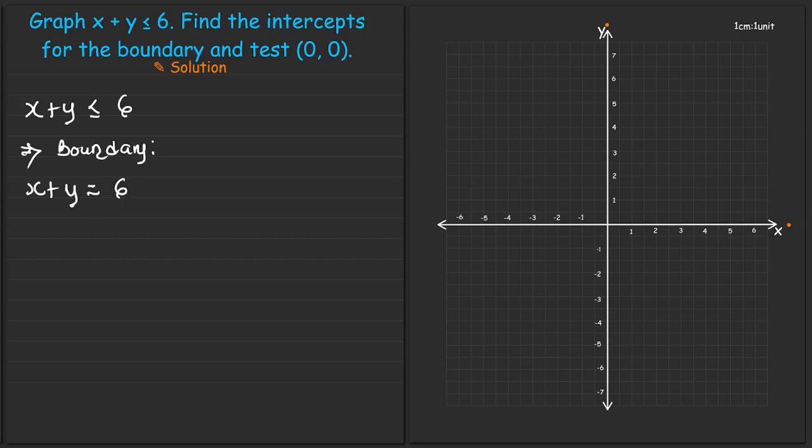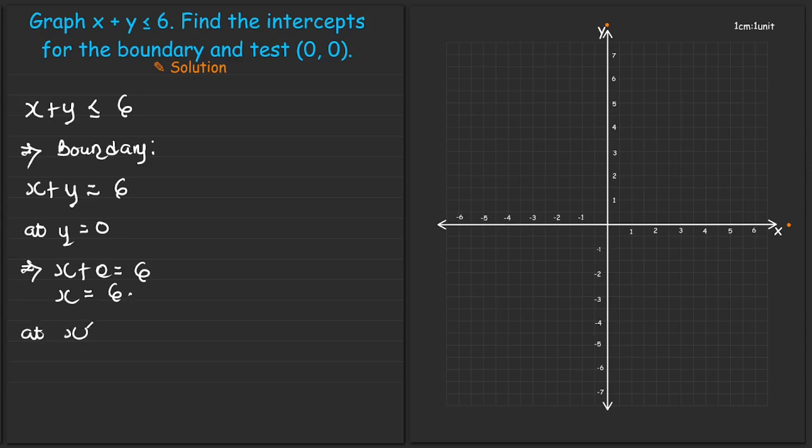So with this, we would have to look for the x-intercept and the y-intercept. And we know at x-intercept, y equals 0. So at y equals 0, then we have x plus 0 equals 6. And then x is equal to 6.